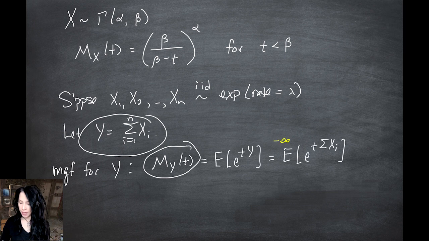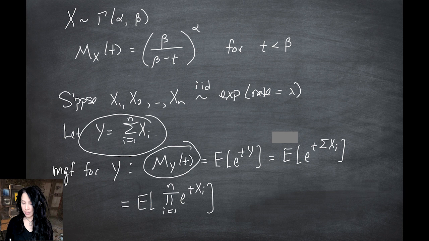It's defined to be the expected value of e to the t y. Right now, I'm not assuming an exponential distribution in what I'm writing. I can replace that capital Y with the expected value of e to the t times the sum of the x's. That can be written as a product of e's, the product as i goes from 1 to n of e to the t xi.